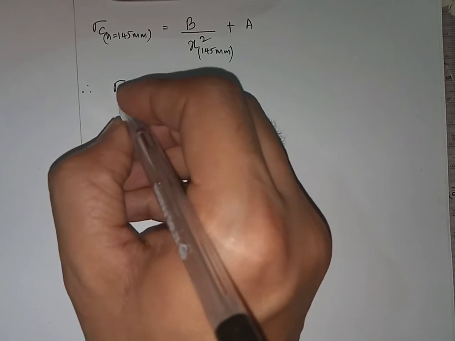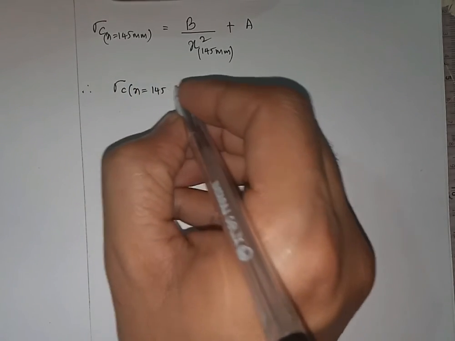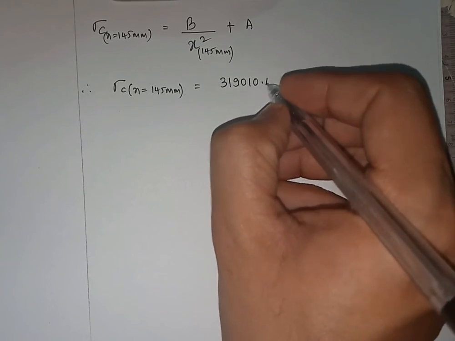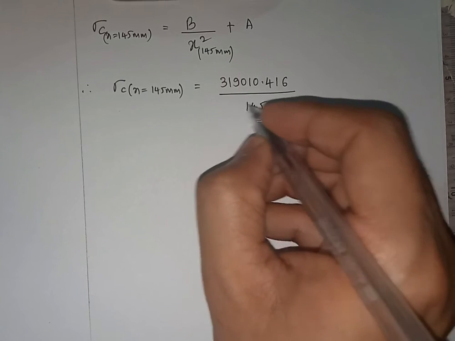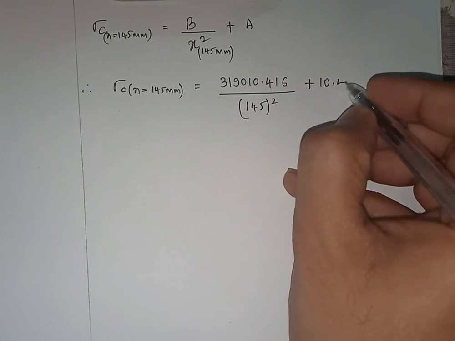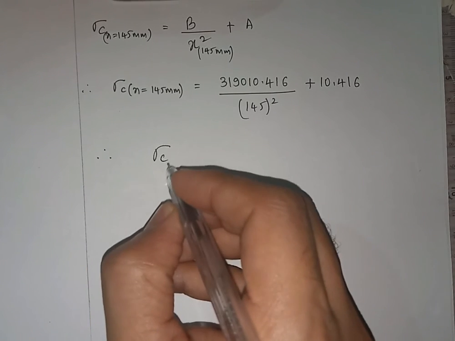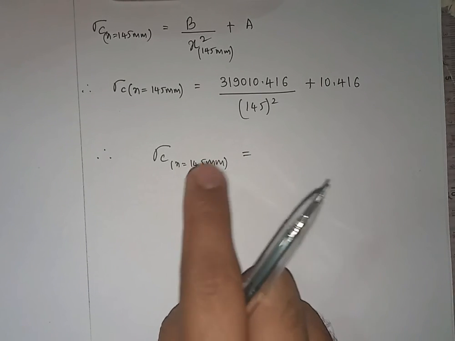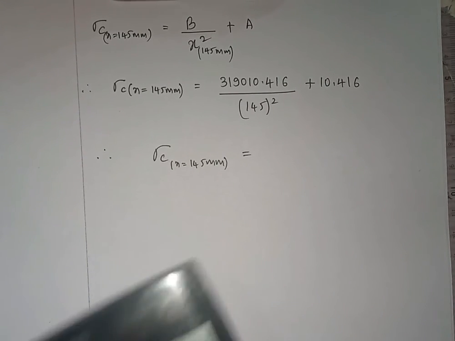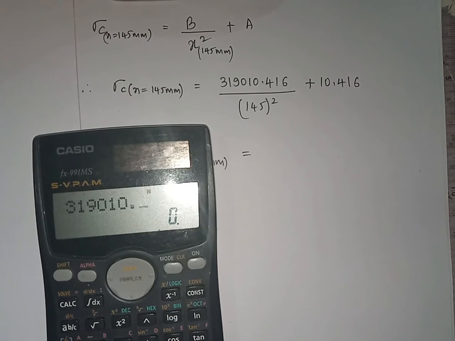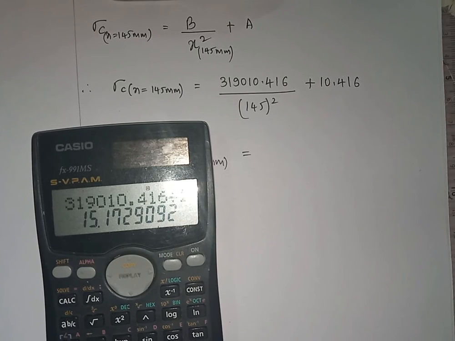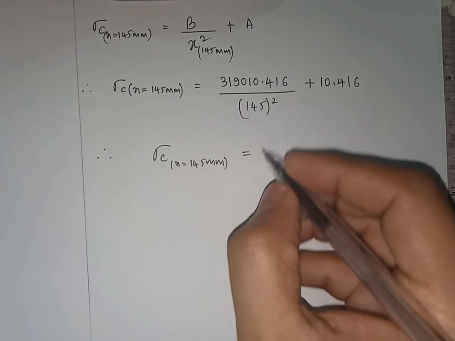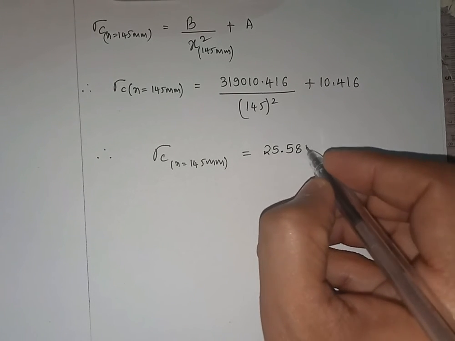So sigma c at x equal to 145 mm, or at a distance of 20 mm from the internal diameter, will be 319010.416 divided by 145 squared plus 10.416. So it is 25.58 MPa.